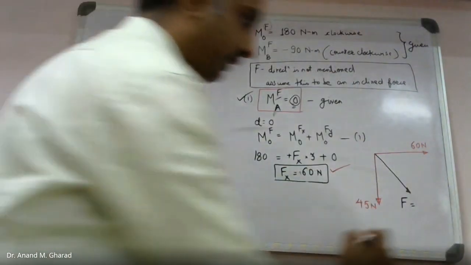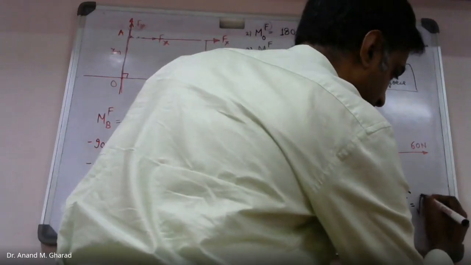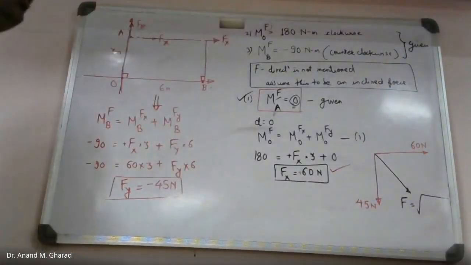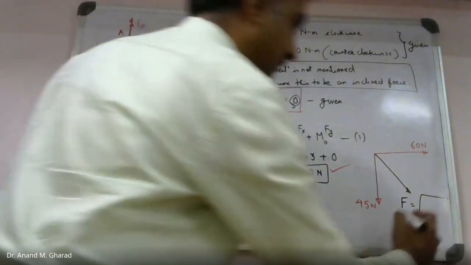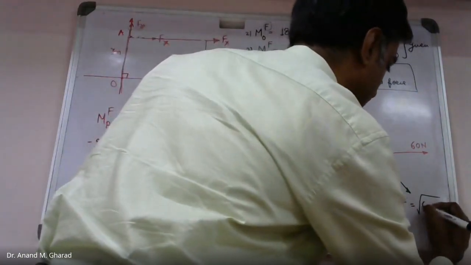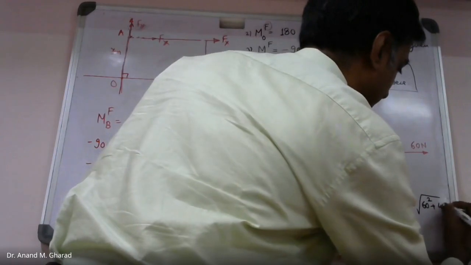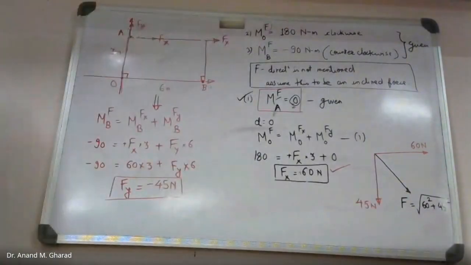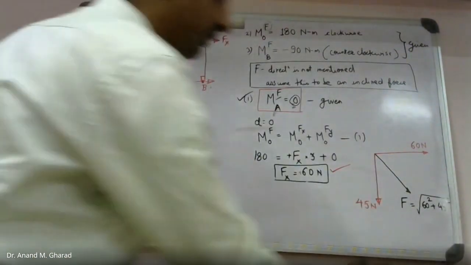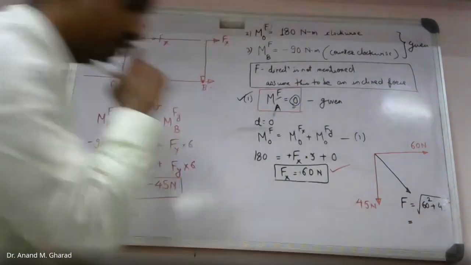Do you agree? And in order to find out the resultant, what do we do? We make use of this equation, which speaks about the summation of forces in x direction squared and the summation of forces in y direction squared, and its square root value will be nothing but the resultant. So how much does this come out to be?